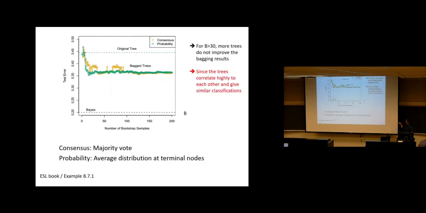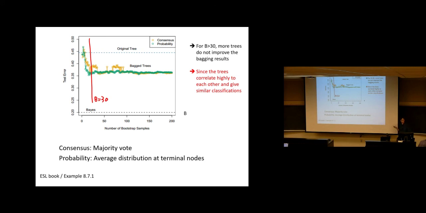You can also tell it really doesn't matter how many trees B you use when you increase B. Roughly when B equals 30, the performance stops improving at all. In the end, the issue is that the decision trees on the bootstrap sample sets are highly correlated with each other, and they make very similar decisions.